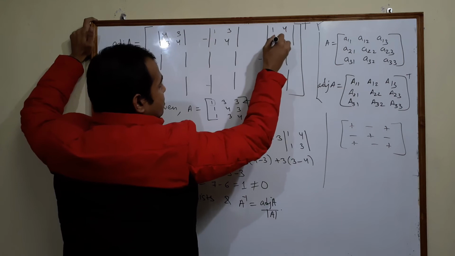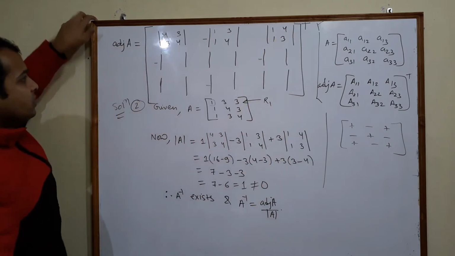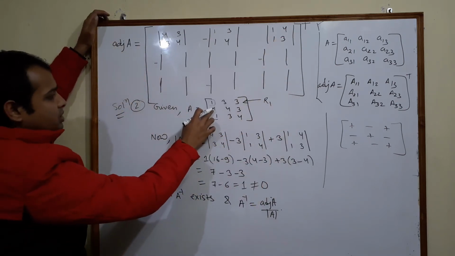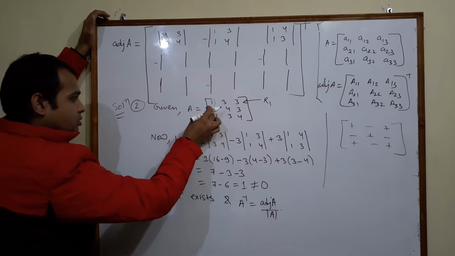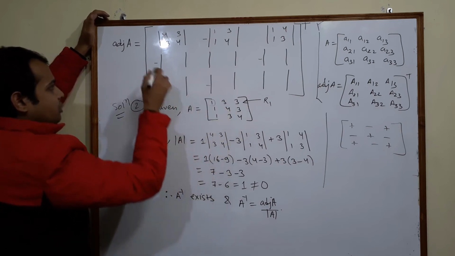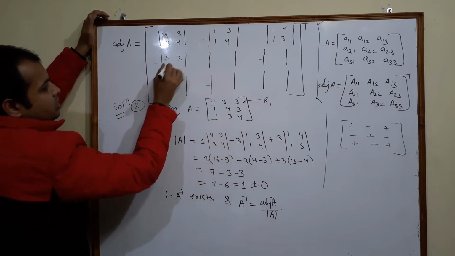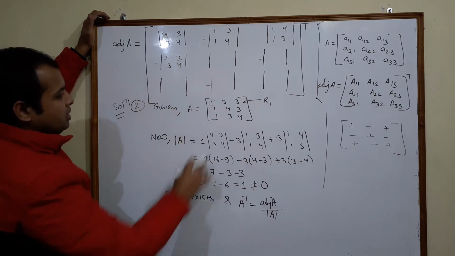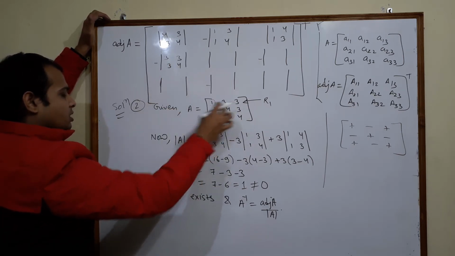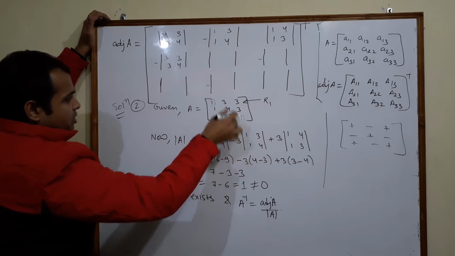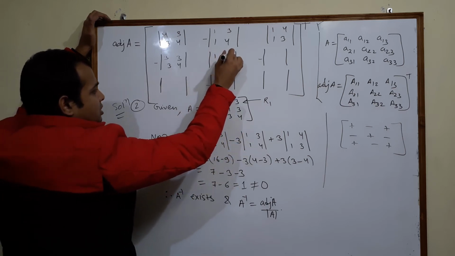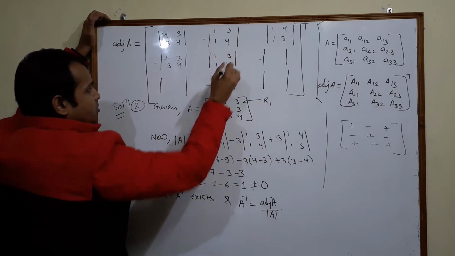Now next, cover this row, this column. You are left with 3 3 3 4. Then come to 4: cover this row, this column. You are left with 1 3 1 4.